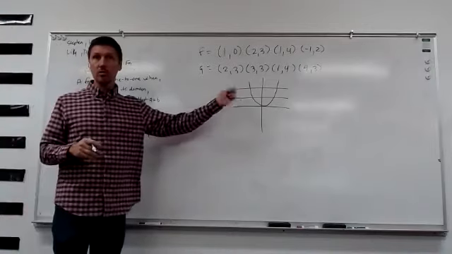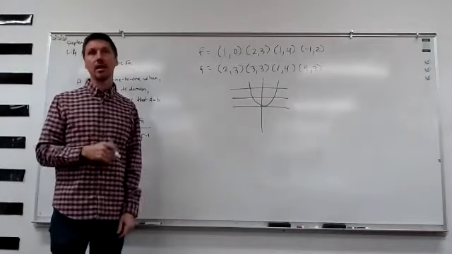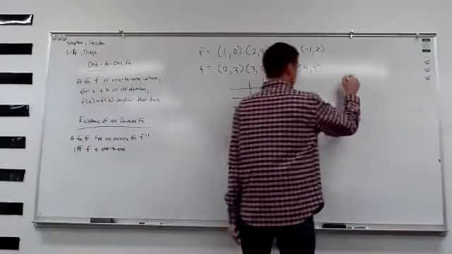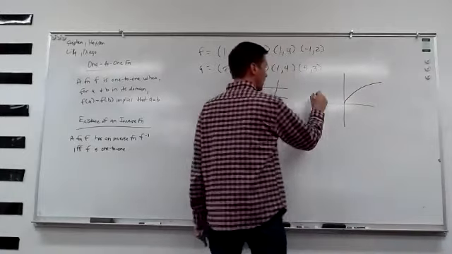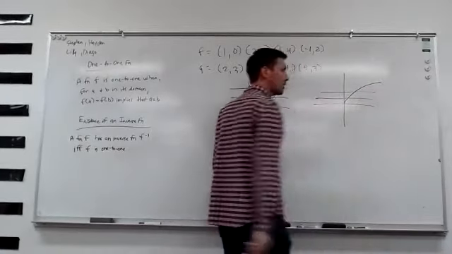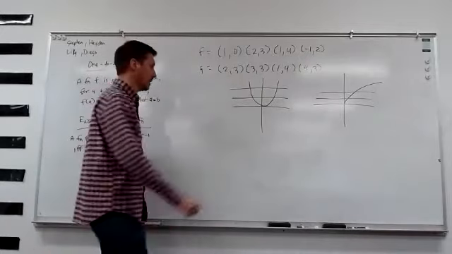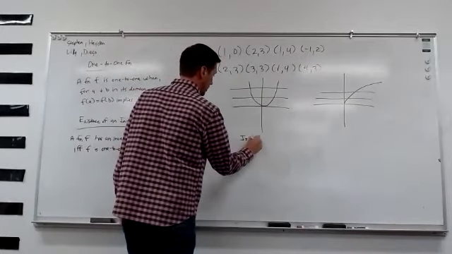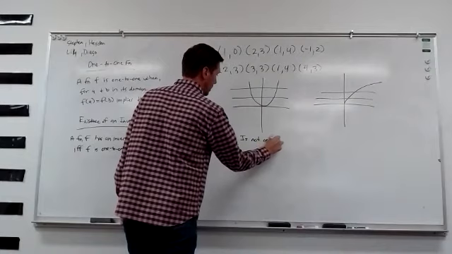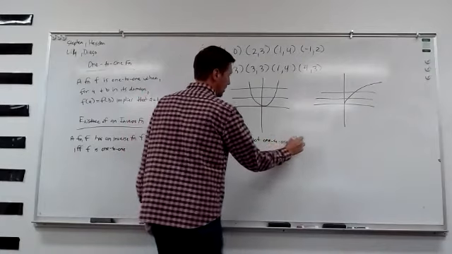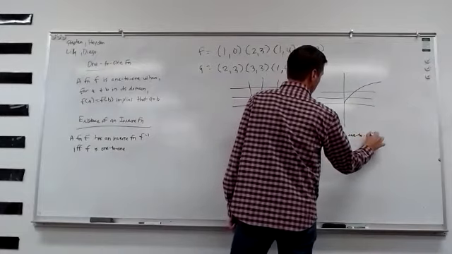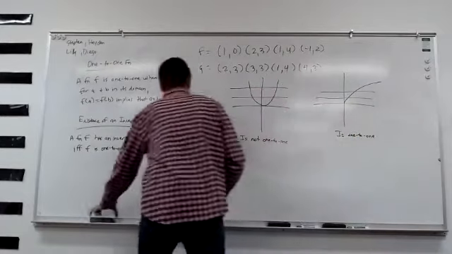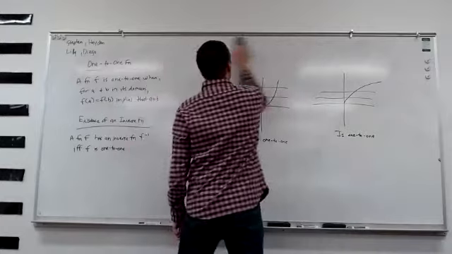If it crosses 2 points on the graph, then it is not a one-to-one function. This would be a one-to-one function, because no matter where I draw a horizontal line, it only crosses 1 point. So this one is not one-to-one, this one is. All right, so we call that the horizontal line test.